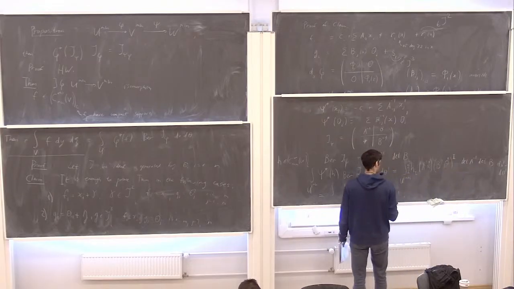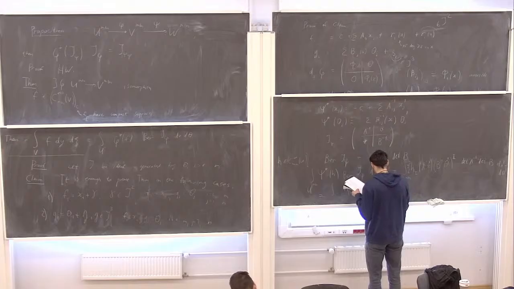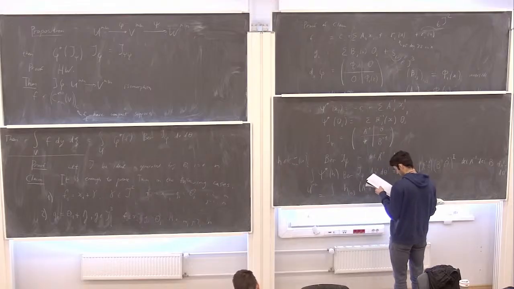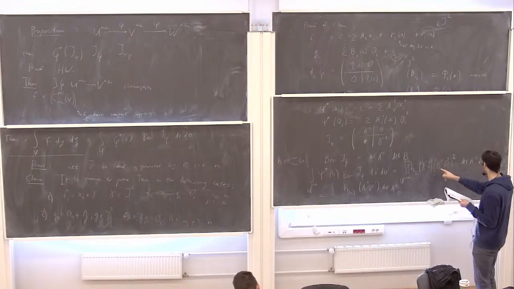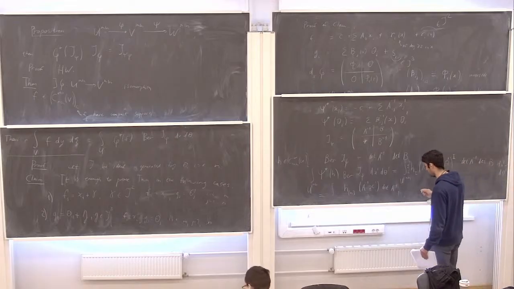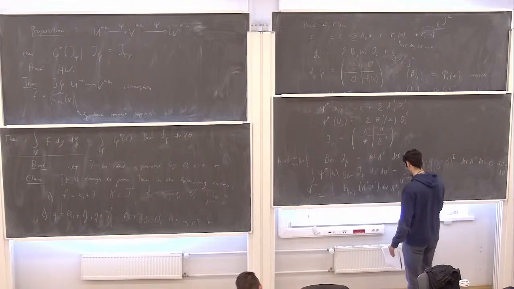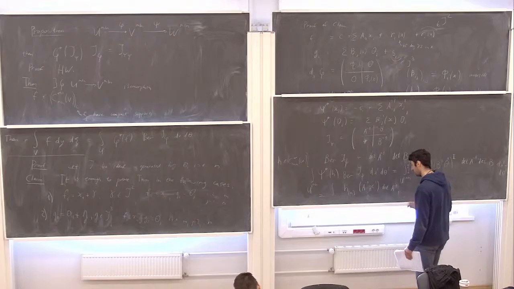So h_n, then of what? Of A inverse x prime, then the determinant of A inverse, and then, well, the determinant of this B inverse will cancel with this determinant B, just because the determinant of B inverse is the inverse of the determinant of the usual matrix, so we have just like that.